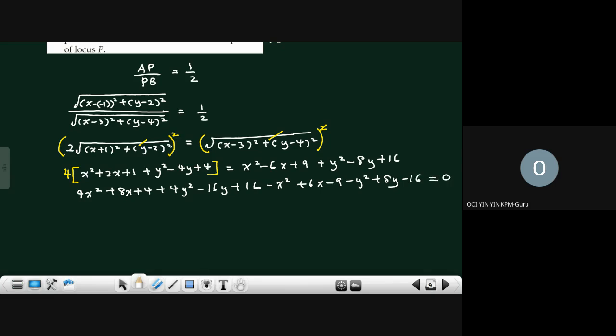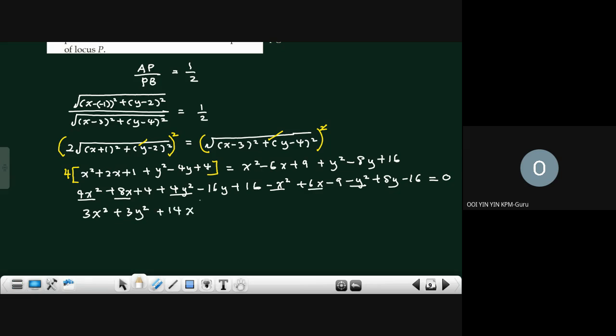Then we find the like terms together, to see whether you need to minus or add together. First is your x squared and your x squared here. 4 minus 1, your final answer will be 3x squared. Then find your 4y squared and your minus y squared here. 4 minus 1, you also have positive 3y squared. Then find your x terms. Here 8, and then plus 6 here, so overall is 14x.